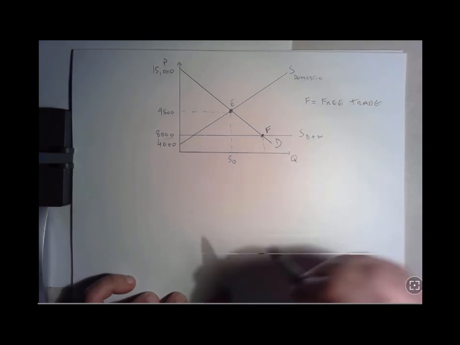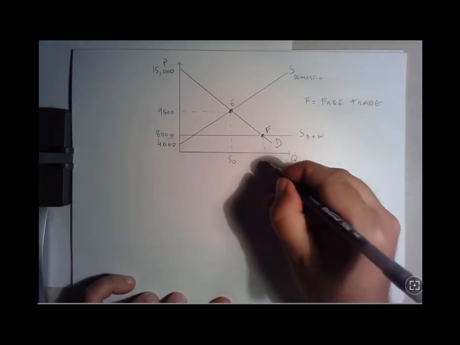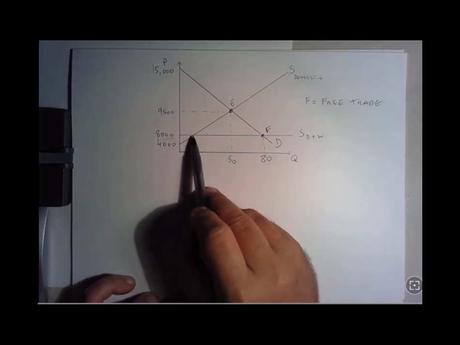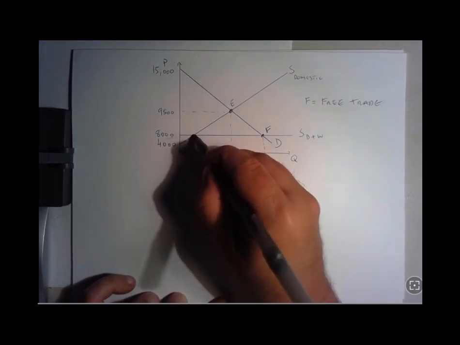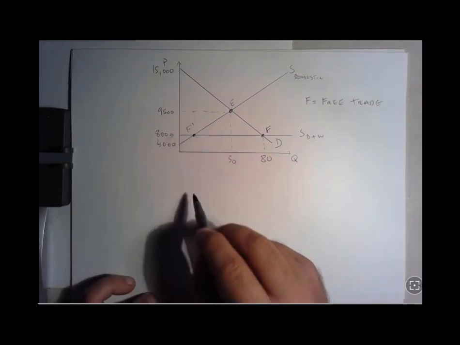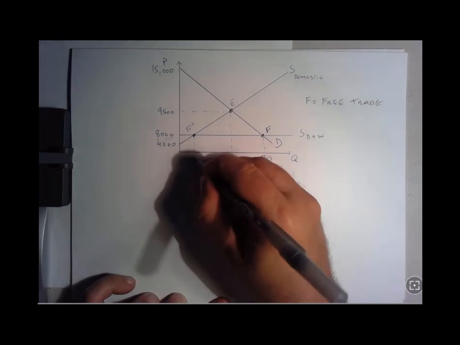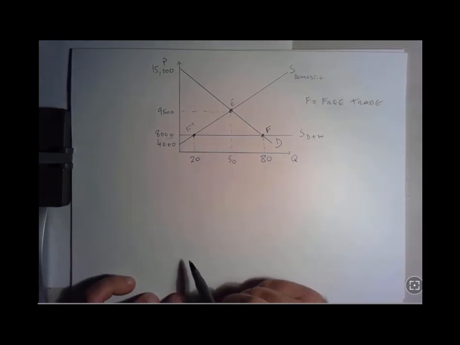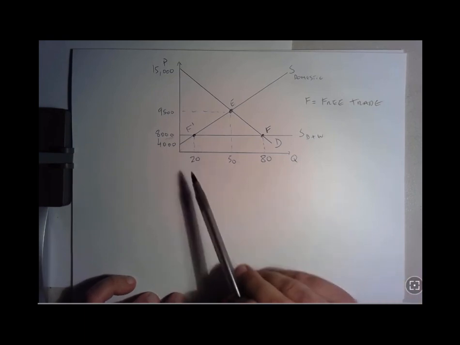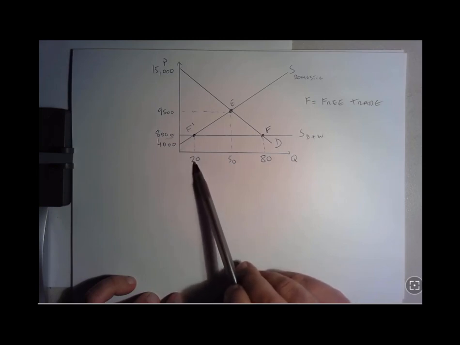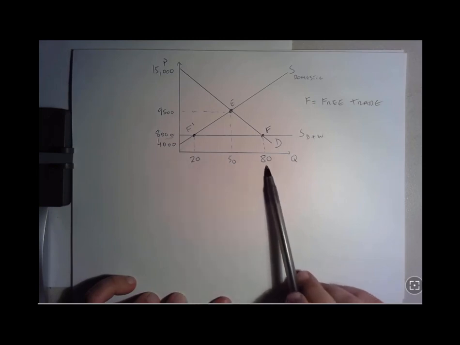The quantity demanded at that point goes all the way to 80. However, the quantity domestically produced, let's call this F prime, is going to reduce significantly. And according to this simulated scenario, it is going to go all the way to 20. So you can already imagine how dissatisfied the domestic producers are going to be. However, the domestic consumers are quite happy.